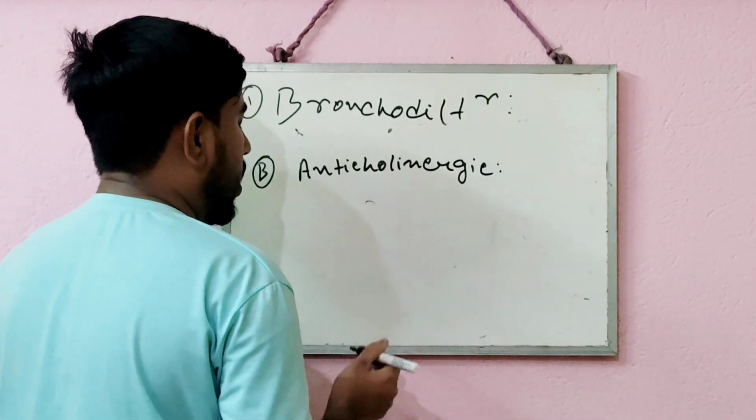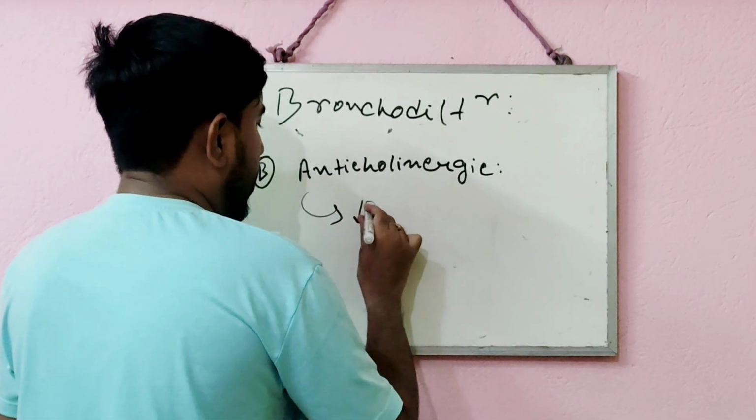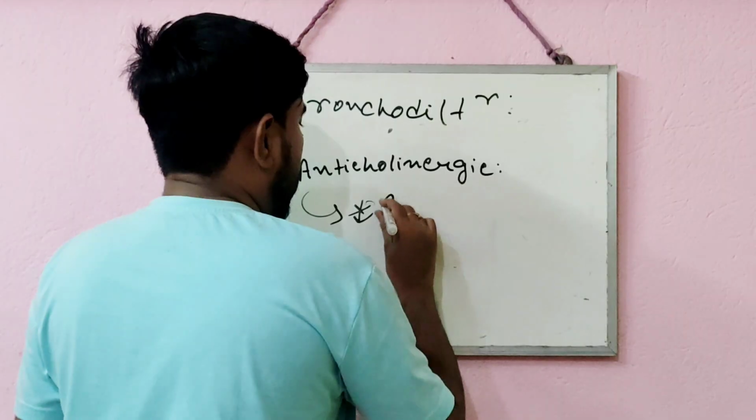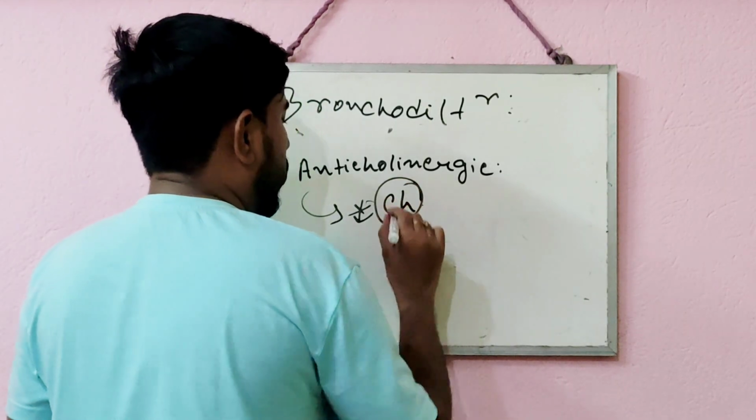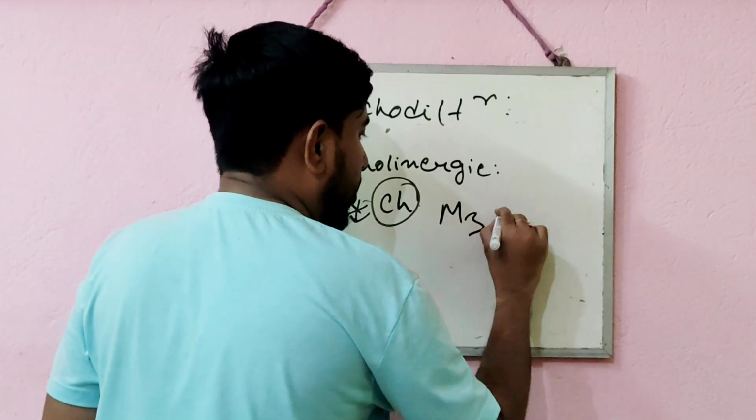How is it going to do that? It is going to do it by binding and blocking the cholinergic receptor. And how is it going to decrease the cholinergic action? By binding with the M3 muscarinic receptor.